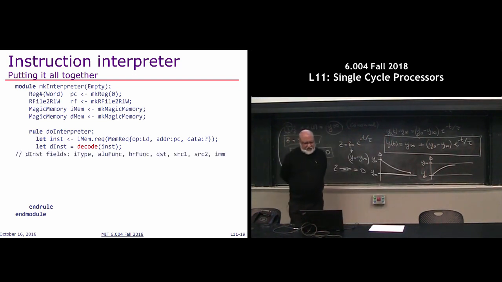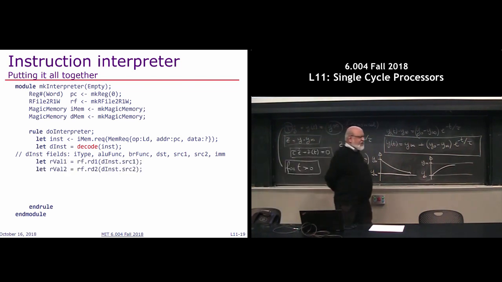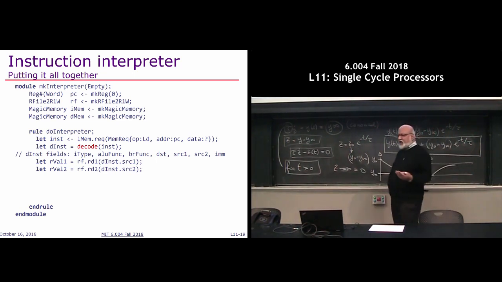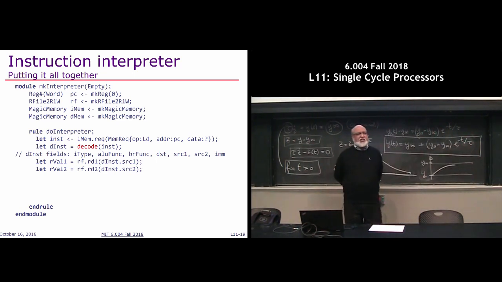And what is the next thing I do? I can extract all kinds of fields from my decoded instruction, because it was a gigantic data structure. And once I have those fields, I can go and read the register file. To read the register file, I need the source 1 and source 2 from my instruction.